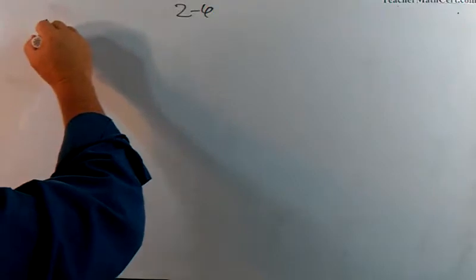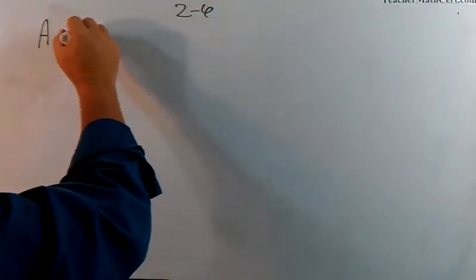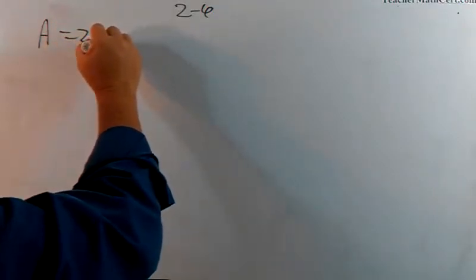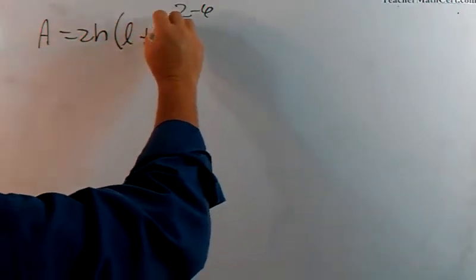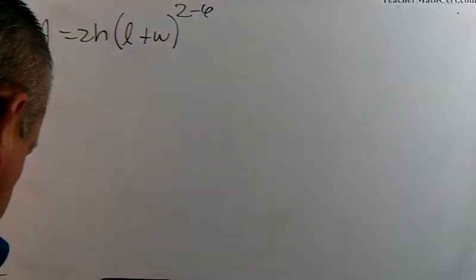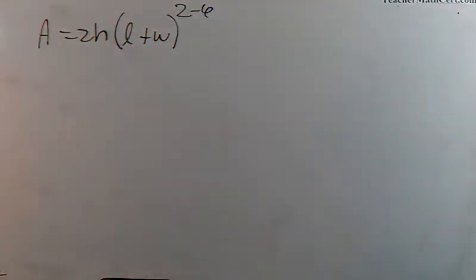Formula A equals 2H times L plus W. Okay, it says the formula A equals 2H parentheses L plus W close parentheses gives the lateral area of a rectangular solid with length L, width W and height H.